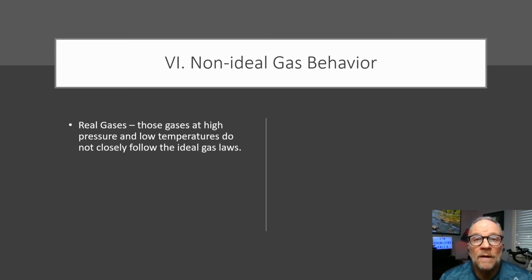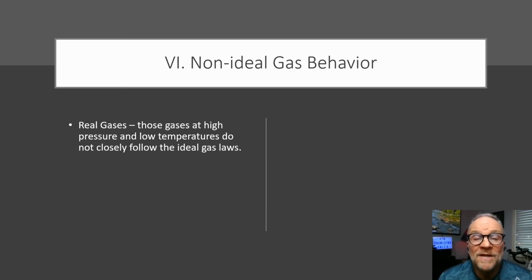But if you were to take that same nitrogen gas and cool it down, and create an extremely high pressure, then those gas molecules would slow down and they would start to stick, and then the ideal gas law equations wouldn't predict its behavior in terms of pressure and volume and all those types of things.